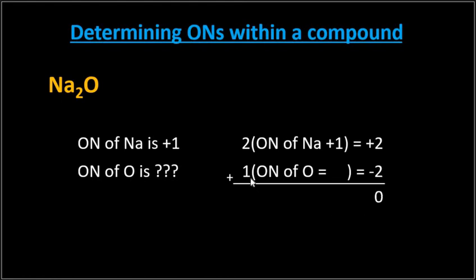And because there is only one of them, I hope you can do the math, 1 times something equals a -2. The answer I'm hoping you would get is a -2. So you just go through it step by step. Now you should have already known that oxygen is -2 because that's one of the ones you're supposed to memorize. And you should be able to tell sodium is a +1 because it's an alkali metal.